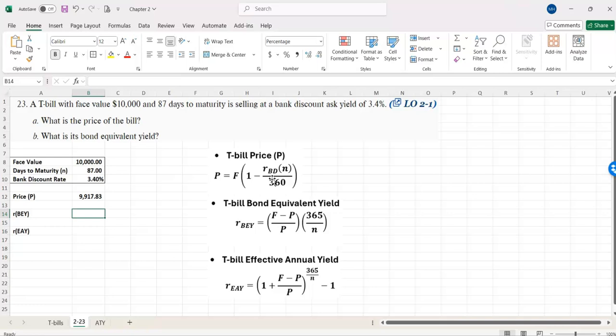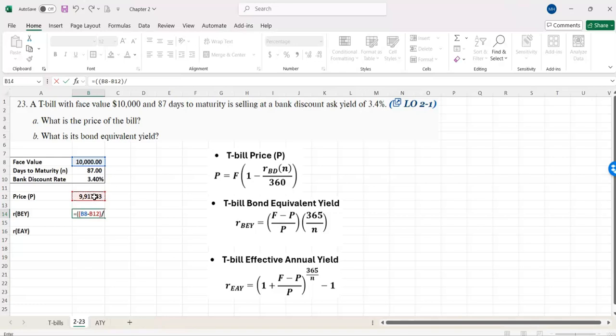T-bill prices are calculated on an actual 360-day basis, which is a bank discount basis. You convert it to a 365-day basis, calculating the bond equivalent yield. This is the equivalent of the APR, or annual percentage rate. So you need two parentheses here because it's face minus price, and then we need to divide.